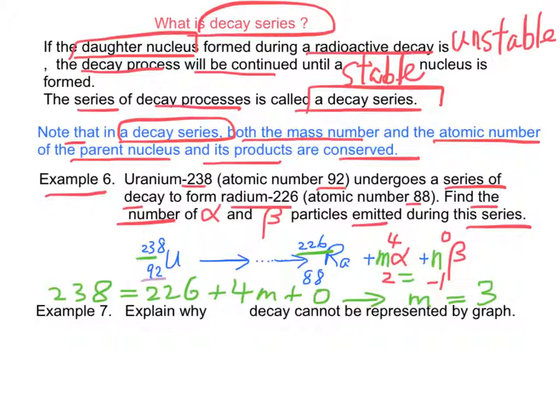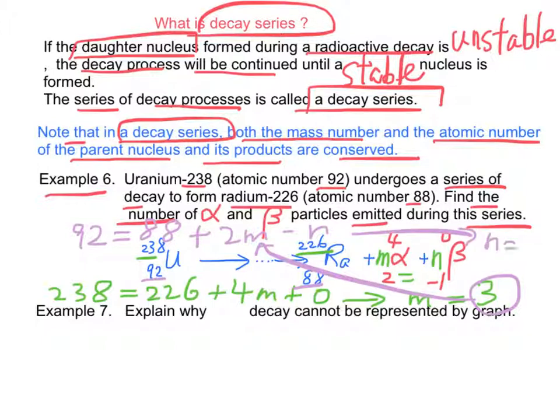Also, 92 equals 88 plus 2m minus n. Since m equals 3, we have n equals 2. Therefore, there are 3 alpha particles and 2 beta particles emitted.